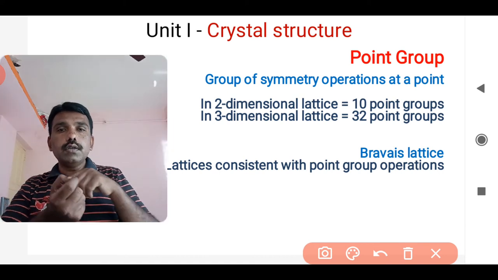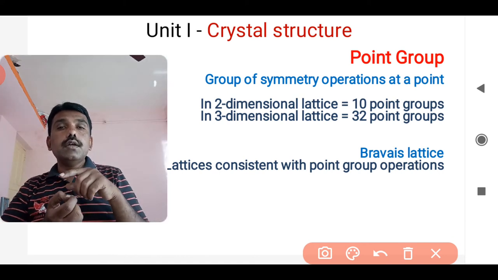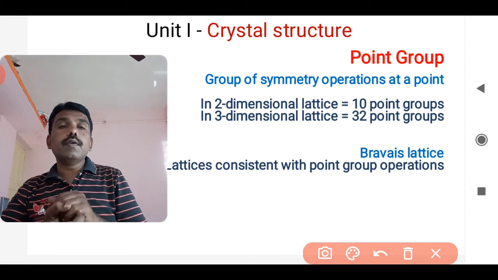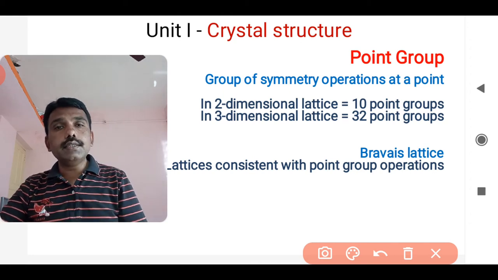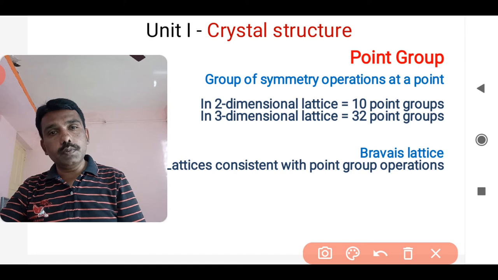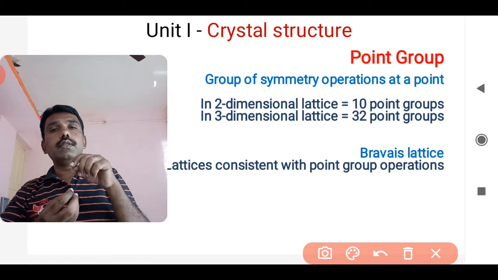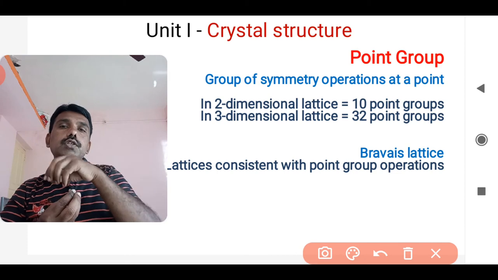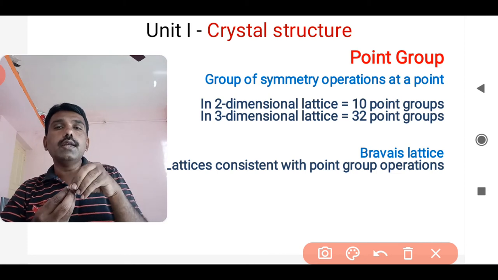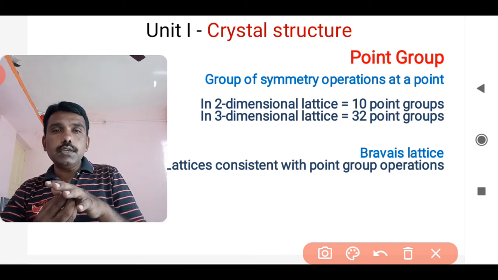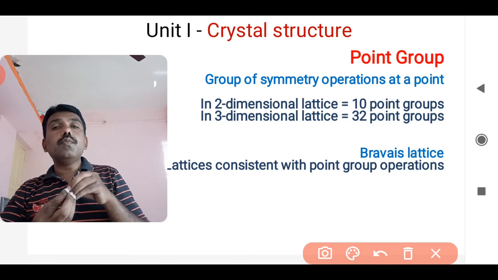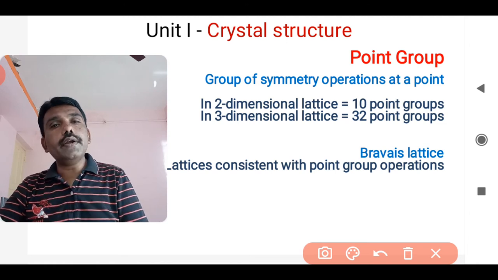The rotation gives you something at a certain point, the reflection at a certain point in this way. So this is exactly the generation of the point group: at which point this symmetry is followed, and what type of symmetry is followed. That group of symmetry operations at one point is nothing but your point group.